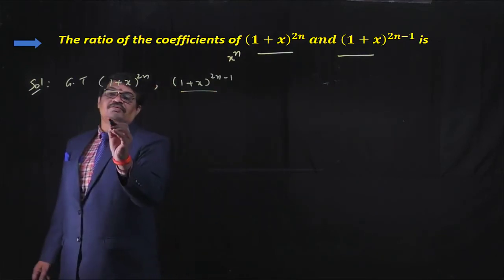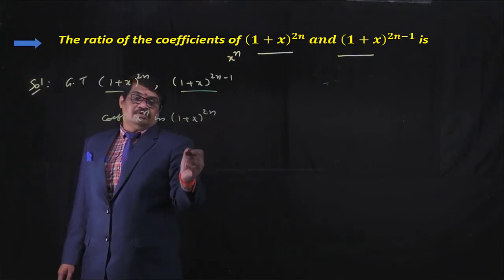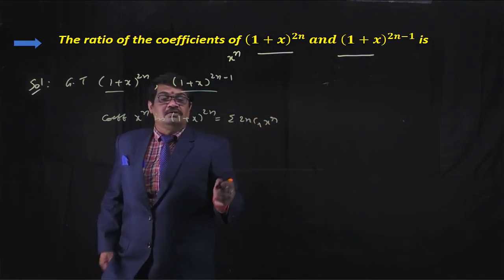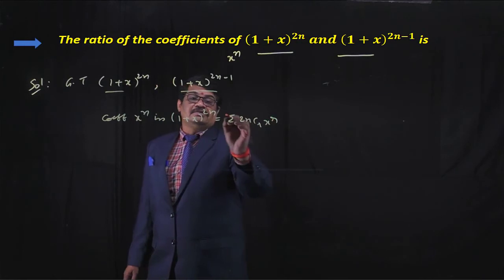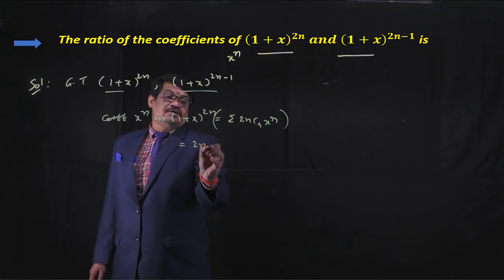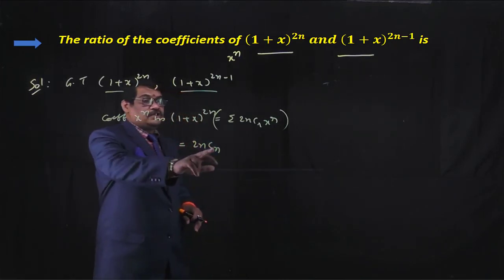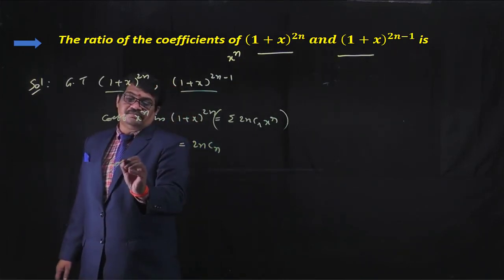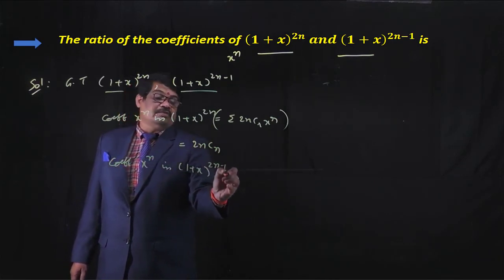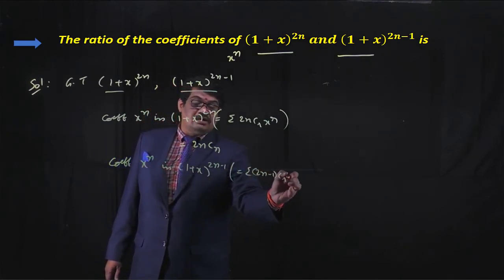The coefficient of x to the power of n in (1 plus x) whole power 2n: the expansion is 2nCr x to the power of r. For x to the power of n, the coefficient is 2nCn. The coefficient of x to the power of n in the expansion of (1 plus x) whole power 2n minus 1: the expansion is 2n minus 1 Cr x to the power of r.